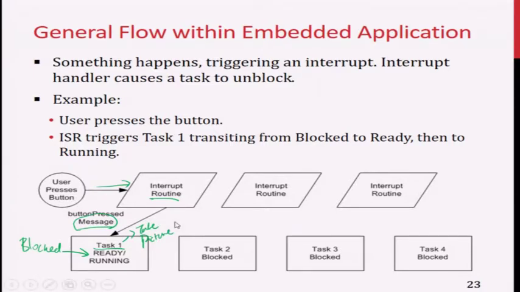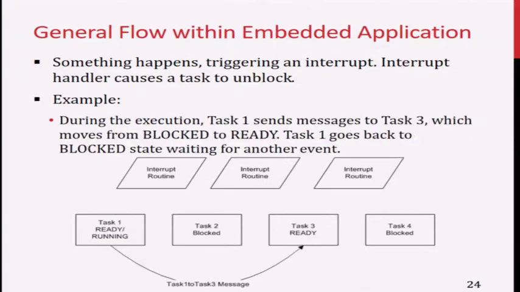After I take the picture, I get the raw data, and I may have another task to do the compression, and another task to do the file system and save it in the correct folder and so on.